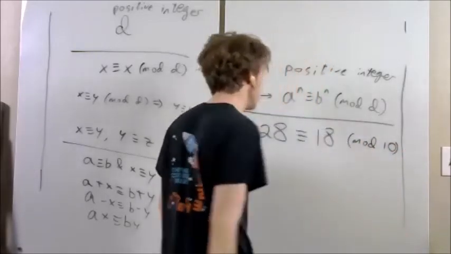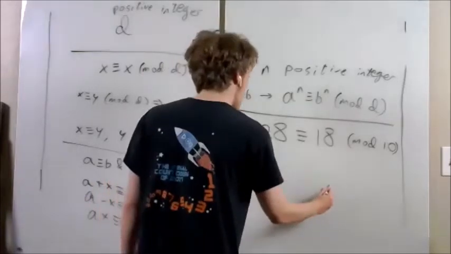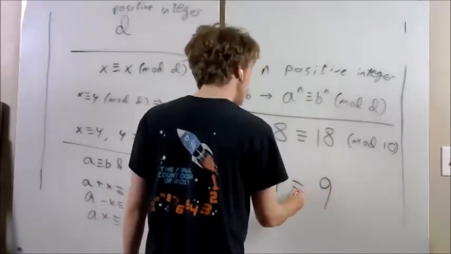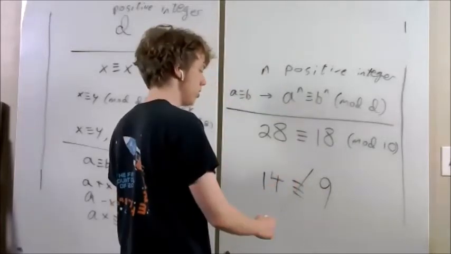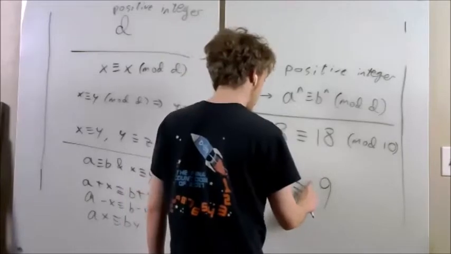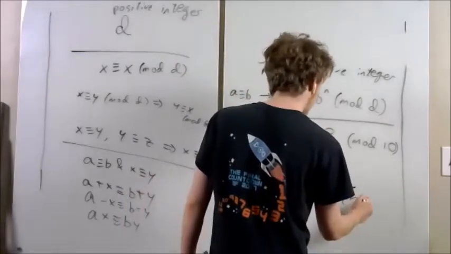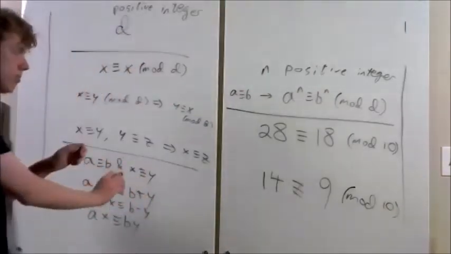But what if I want to divide both sides by 2? I would get 14 and 9. Those are not congruent modulo 10. I drew a big slash mark through it. They're not congruent modulo 10. So yeah, be careful. Don't try to do division.